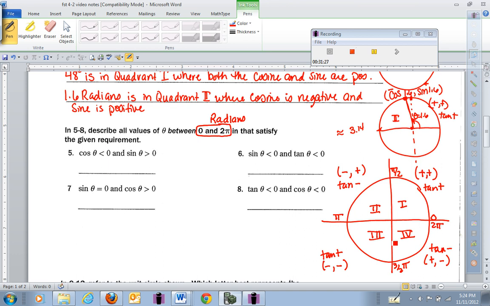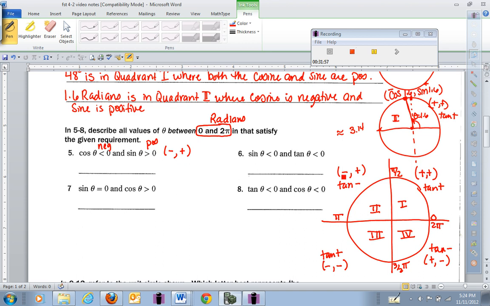Well, these requirements look kind of more algebraic with the less than and greater than signs in there, but you need to think of these as referring to whether or not these are positive or negative. If the cosine is less than 0, that means the cosine is negative. If the sine is greater than 0, that means the sine is positive. So you'd want to go where the cosine is negative and the sine is positive. Well, what quadrant would that be in?